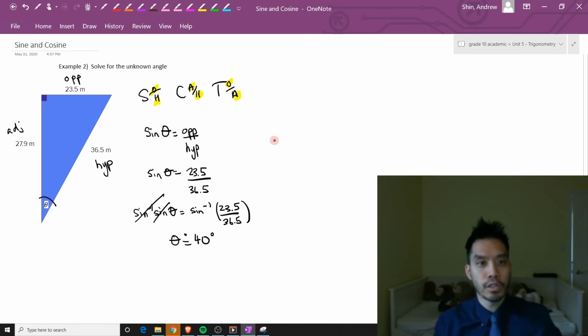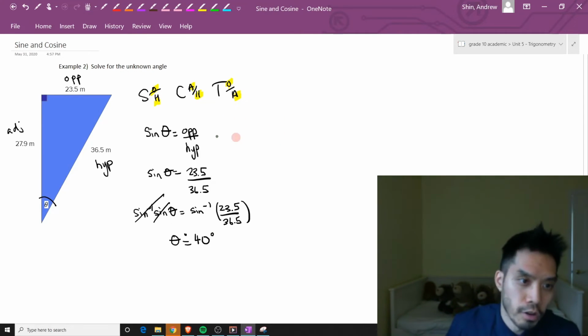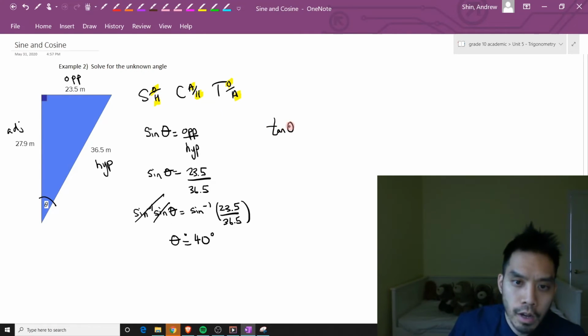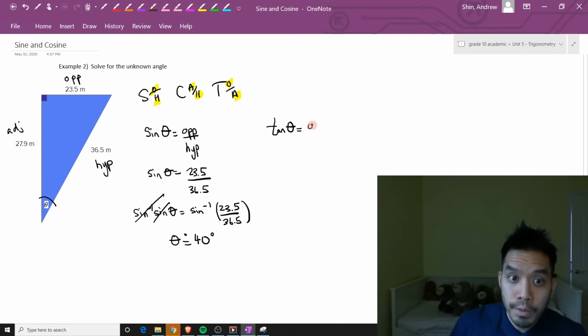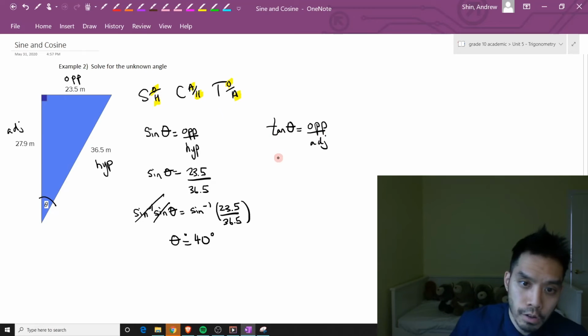Okay, so let's try it with another trig ratio. You can choose any one. I'm just going to choose tangent. So tangent of that angle, according to this formula, is opposite over adjacent. And so tangent of, we do not know, so we plug numbers in now. Do we have a value for opposite?